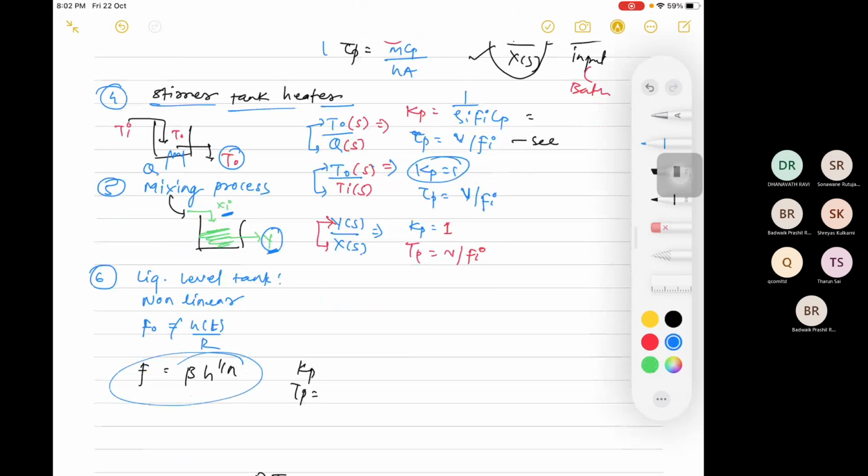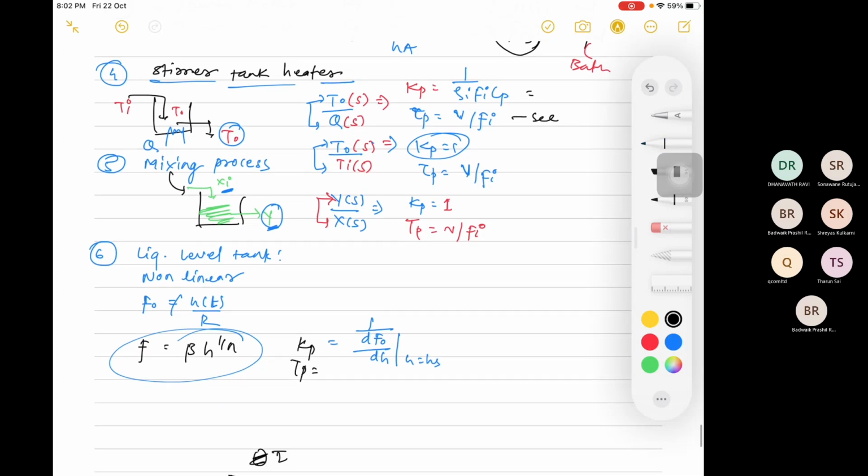So Kp is always 1 divided by dF outlet divided by dh, differentiation at h equals hs. And tau p is A into Kp. Can you calculate? It was taught in class, right?